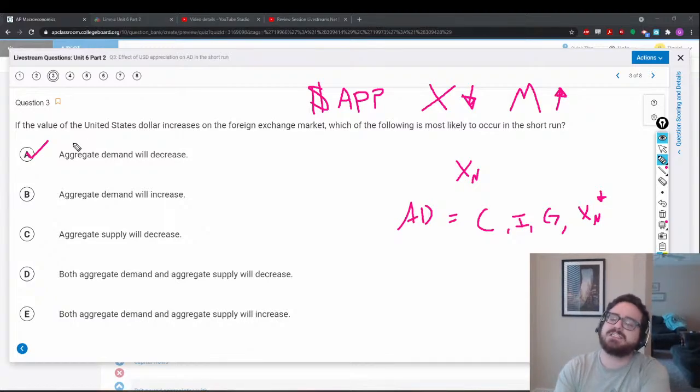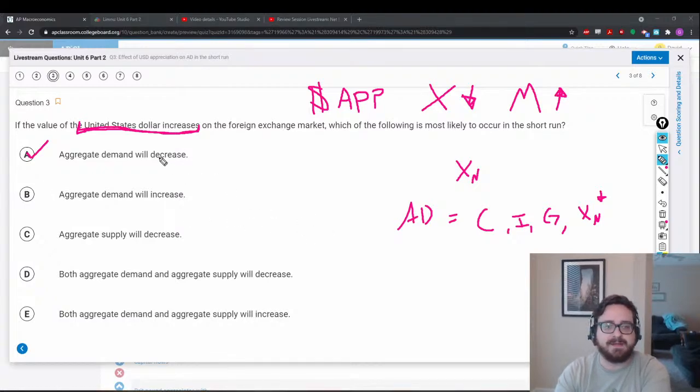Because it's talking specifically about not what caused the dollar to go up, but the dollar has gone up in value. What's happening next? Like, it's always order of operations here, what they're talking about. They're saying the dollar is worth more. Then what happens to aggregate demand, aggregate supply curve? Dollar could have gone up because people want more of our stuff, but it's asking based off the dollar going up in value, what's happening to our stuff.